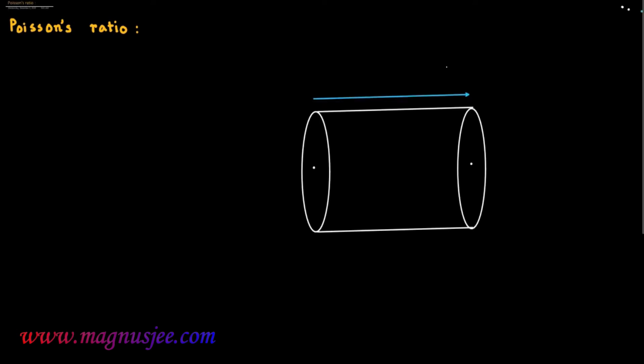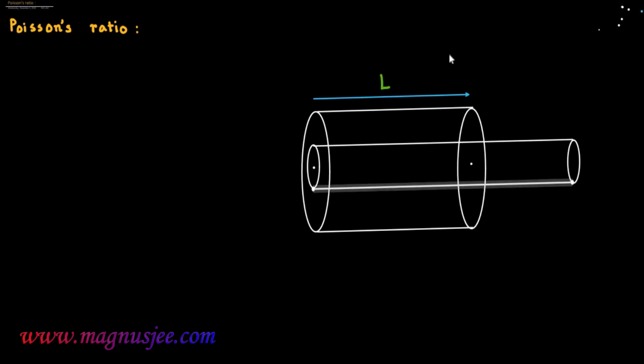In the diagram we have a cylindrical wire having initial length capital L, and a deforming force is applied and this wire will be elongated due to application of a deforming force.